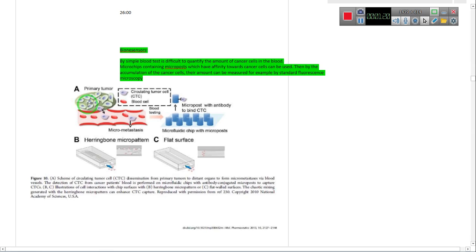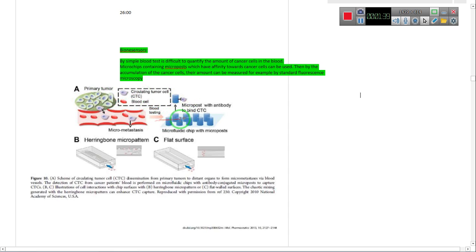They are not detectable. So in order to detect these, you can use these microfluidic chips which have the microposts. These microposts have a sort of antibody which has the affinity towards these tumor cells.